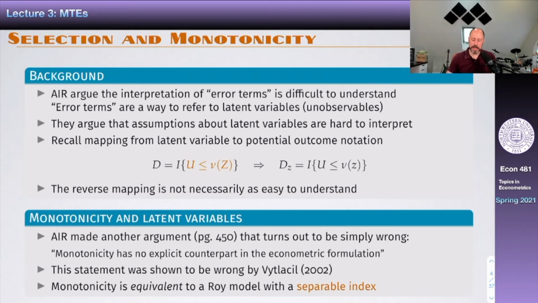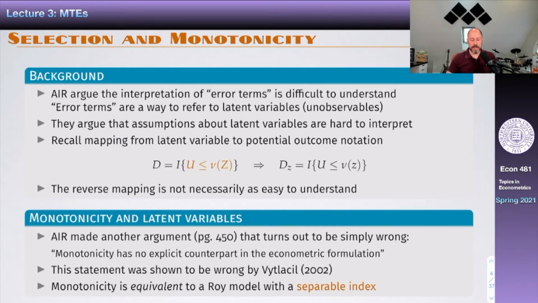And then we said, well, we can define potential treatments here just by fixing a value of Z, and that will give us this indicator that U is less than or equal to nu at that particular value of Z. So in a way, we're saying, look, if you have an index structure like this, then you can have the potential treatment notation in Imbens and Angrist, and it looks like you can go from one to the other. But the other way is not so obvious, right? That you can just take the LATE framework and say that it belongs to a family of latent variable models. So this was the initial discussion.